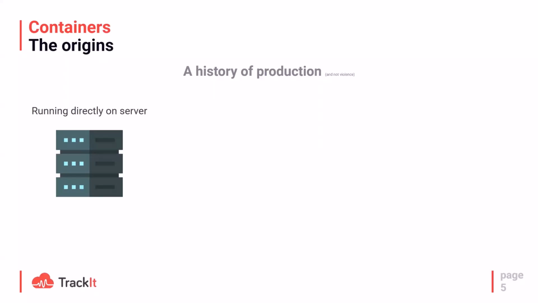So in the old days, the very old way to run software on the cloud or any production system was to run software directly on the server. It has a lot of drawbacks. The first and major one is that you have a strong environment drift between your local environment and your production environment.